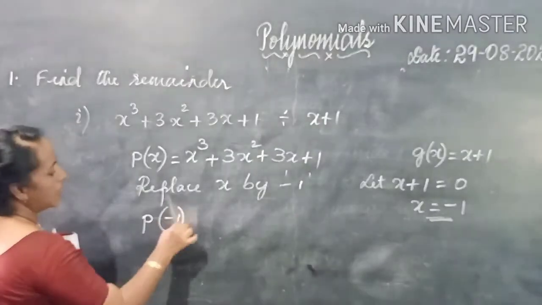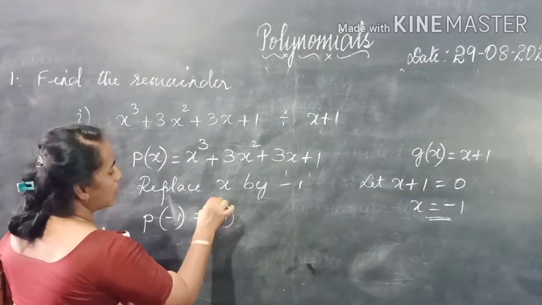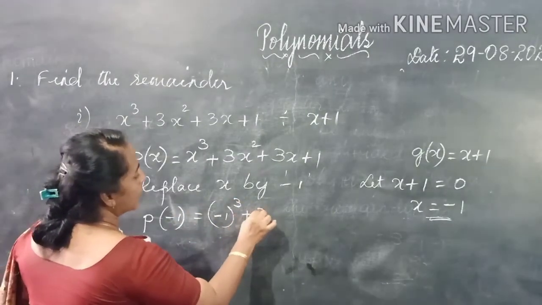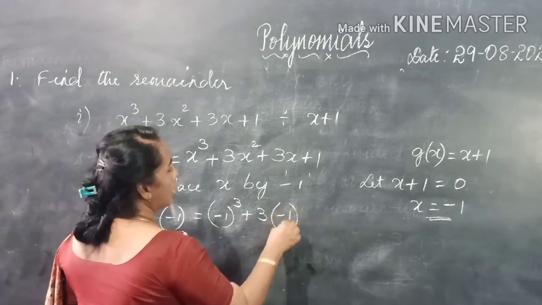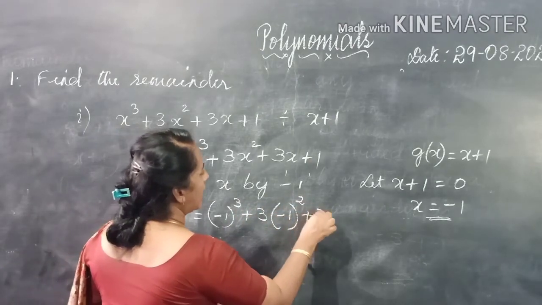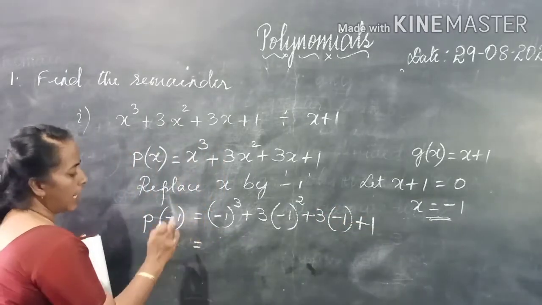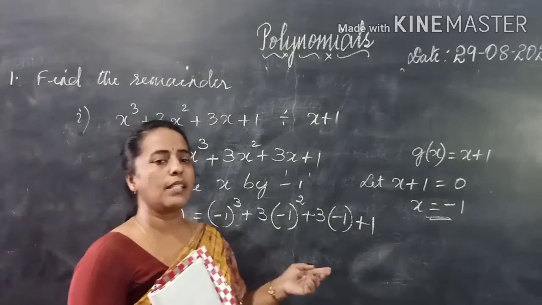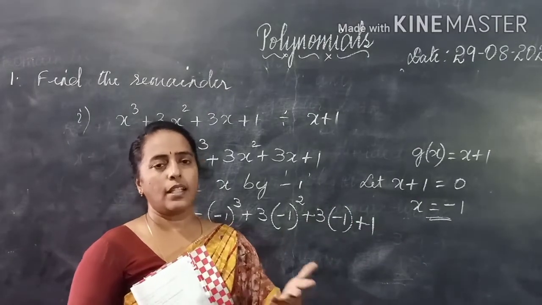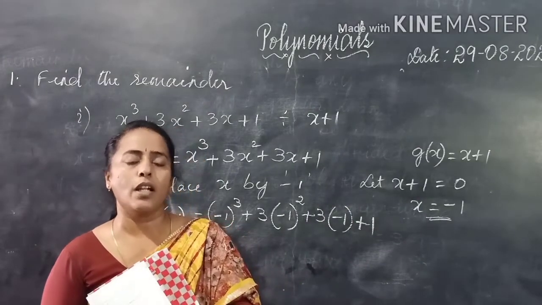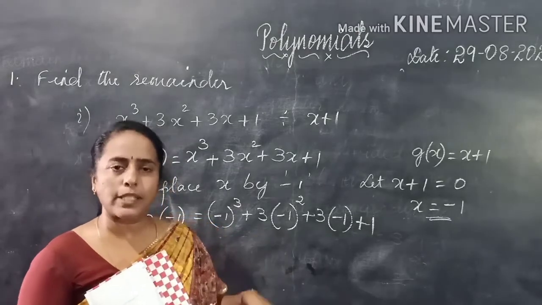P of minus 1 equals minus 1 the whole cube plus 3 into minus 1 the whole square plus 3 into minus 1 plus 1. Here, you know that if you multiply minus an even number of times, twice, 4 times, 6 times or 8 times, you get plus only.